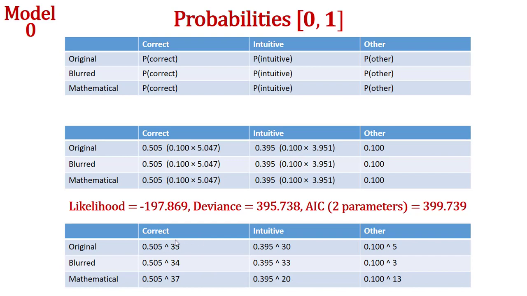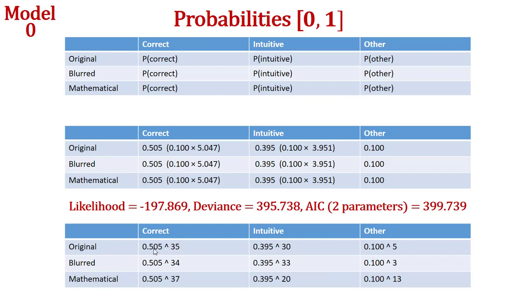Now, for these 35 people in the original problem that got the correct answer, the likelihood was 0.505 to observe that correct response.